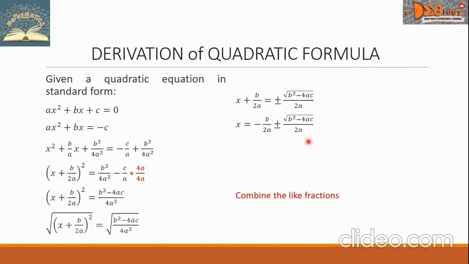Obviously, they are like fractions. Simply, we operate on the corresponding numerators. So we have now x equals negative b plus or minus the square root of the quantity b squared minus 4ac all over 2a. This is now the beautiful quadratic formula.